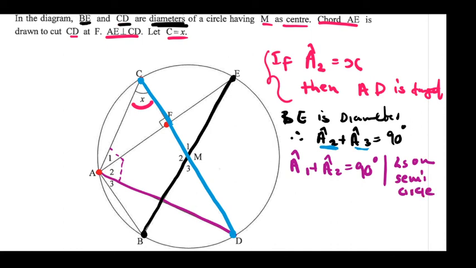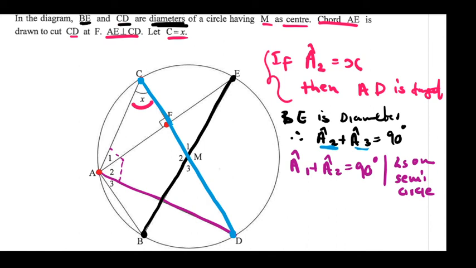If you say diameter, must be specific. Which diameter are you talking about? Are you talking about BE or are you talking about CD, right? You can say diameter CD subtends an angle of 90 degrees as your reason. You can be more flexible with your reasons. Don't try to cram the reasons that you are being told in class, but just show that you know your stuff.